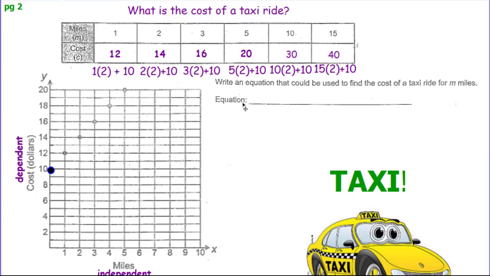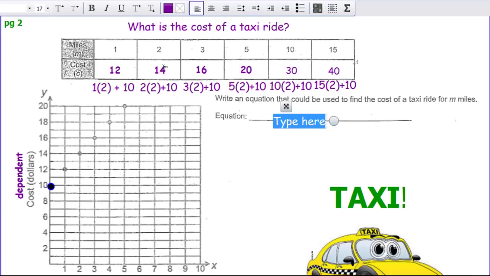And so how do we write that equation? Well, we look at our expression. It's going to be 2 times whatever x is, or 2 times m, plus 10. So how do we write that? We have to set it equal to y. So we're going to write y is equal to, and what's our expression?